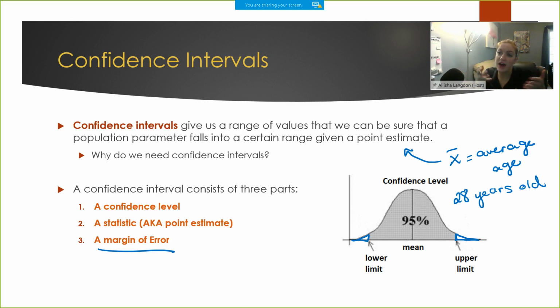Likewise, if we turn the confidence level up to 99%, now your margin of error has gone down to just 1%, 100 minus 99. That needs to be split between those two sides. So margin of error tells you how sure you actually are of that value.